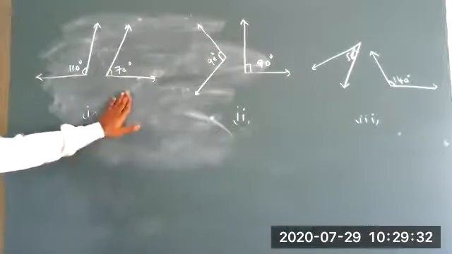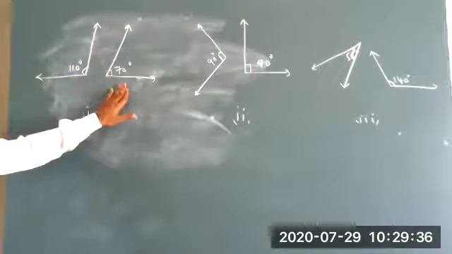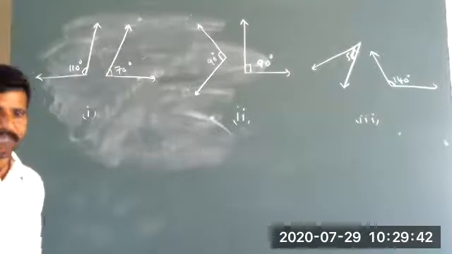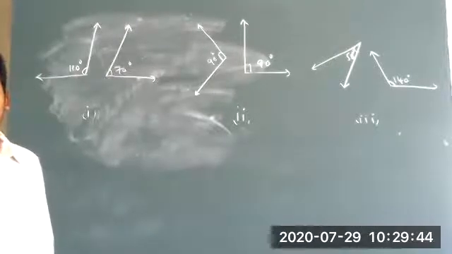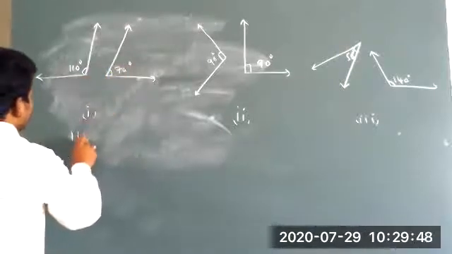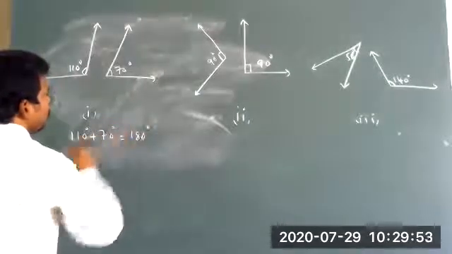First take the first pair. The first angle is 110 degrees, the second angle is 70. What about supplementary? The sum of two angles is equal to 180 degrees. So 110 plus 70 equals how much, children? 180 degrees.